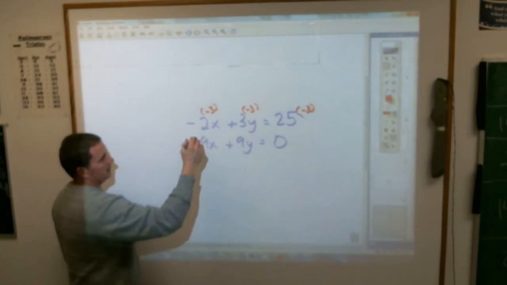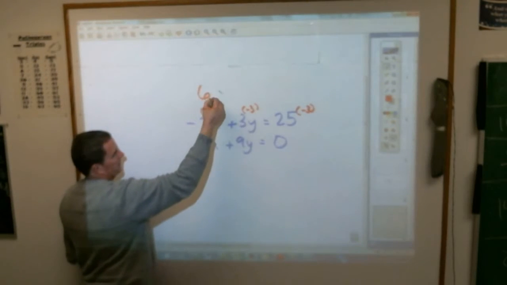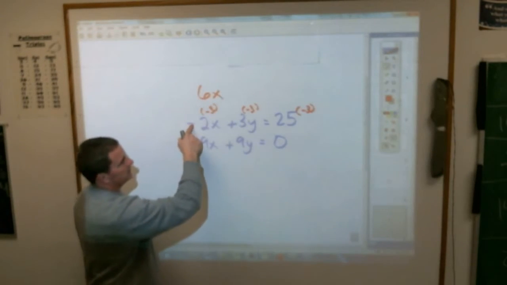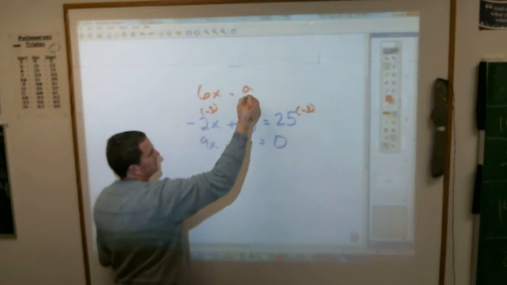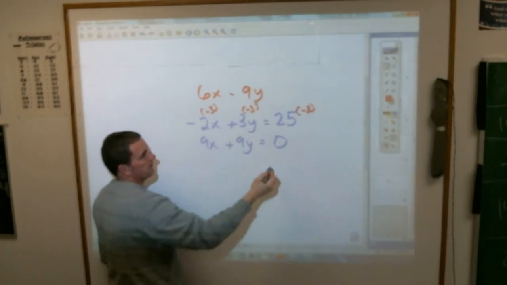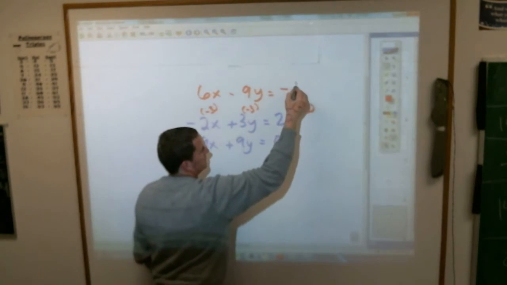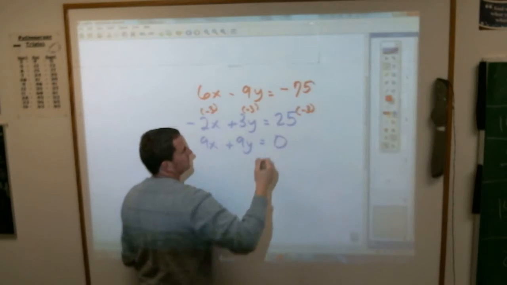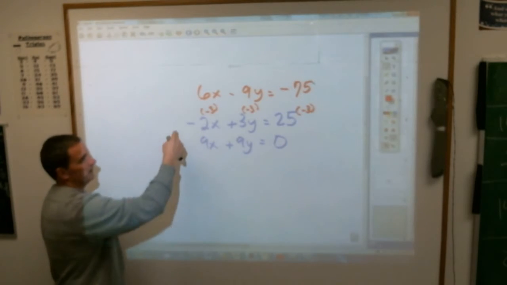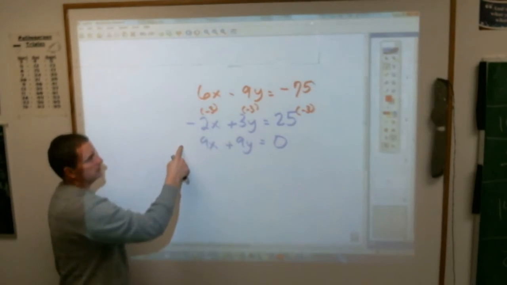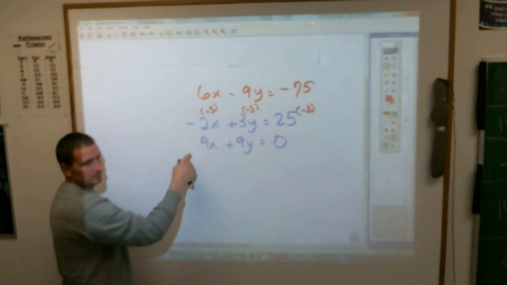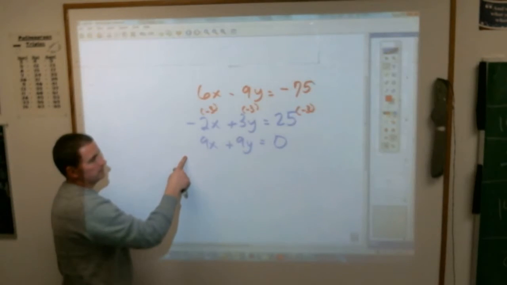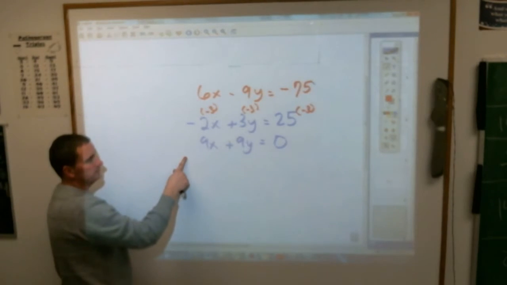Which means you're going to end up with 6x, correct? Negative 3 times negative 2, minus 9y equals negative 75. Now you take a look at these two equations. Did I do something wrong? Could you divide the bottom by negative 3? Yeah, you probably could have. You'll probably get the same answer.